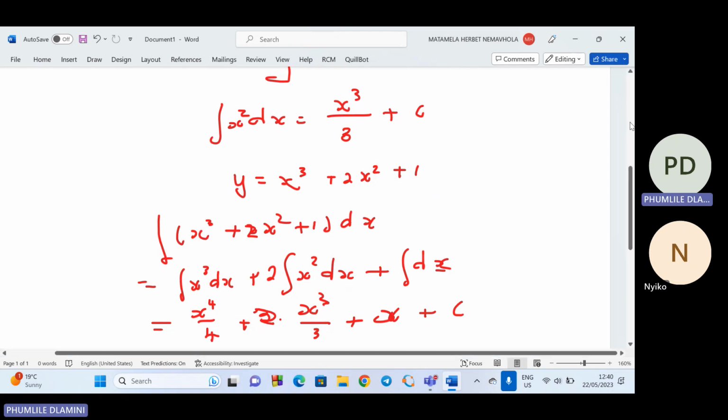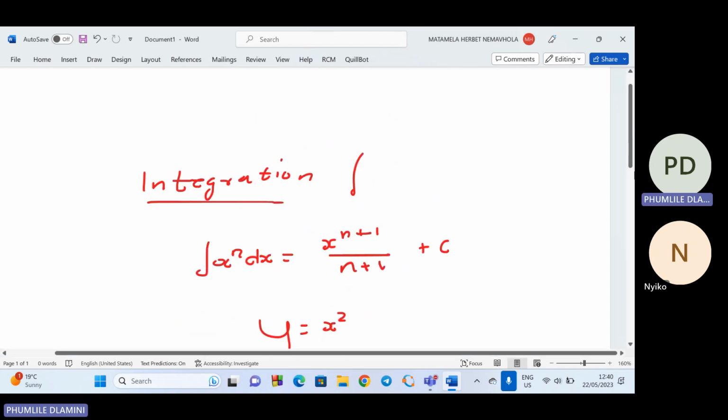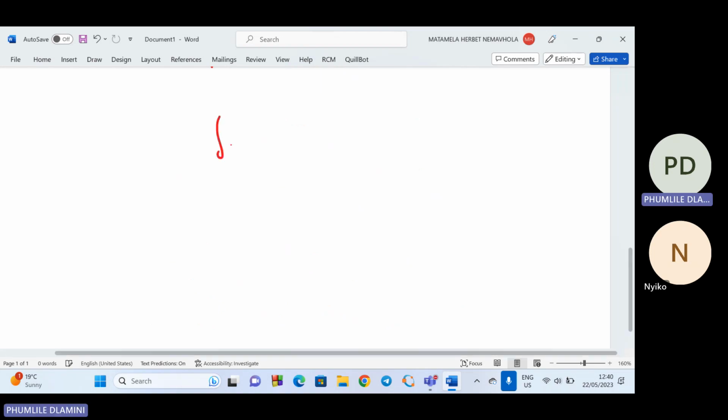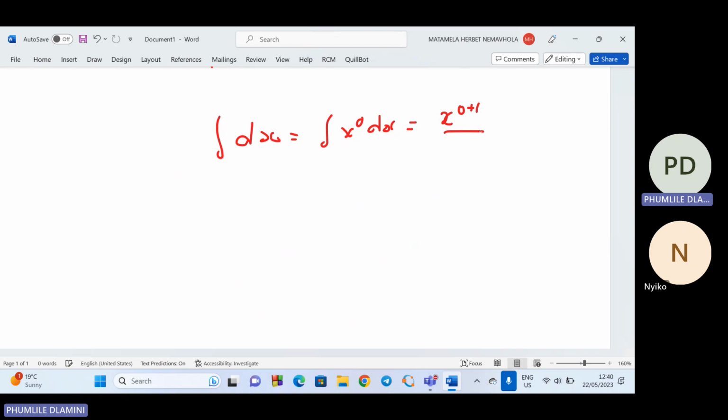Remember, you must take into account that when we say the integral of dx in this way, it is the same as the integral of x to the power 0 dx, since anything to the power 0 equals 1. According to the formula, it's x to the power 0 plus 1 over 0 plus 1, plus c.